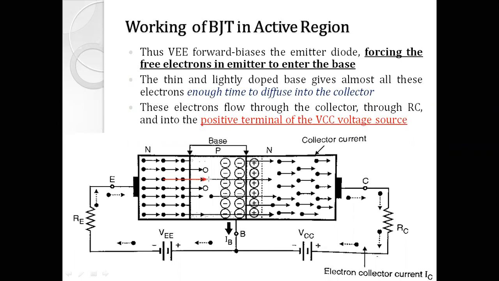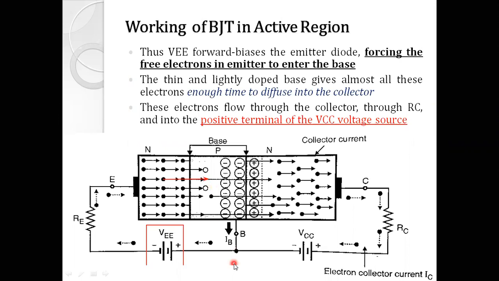So the majority carrier electrons cross the emitter base junction because of the forward bias condition placed via this VEE supply, and because the base region has very less doping, most of the electrons do not get a chance to recombine with the holes of the base region.